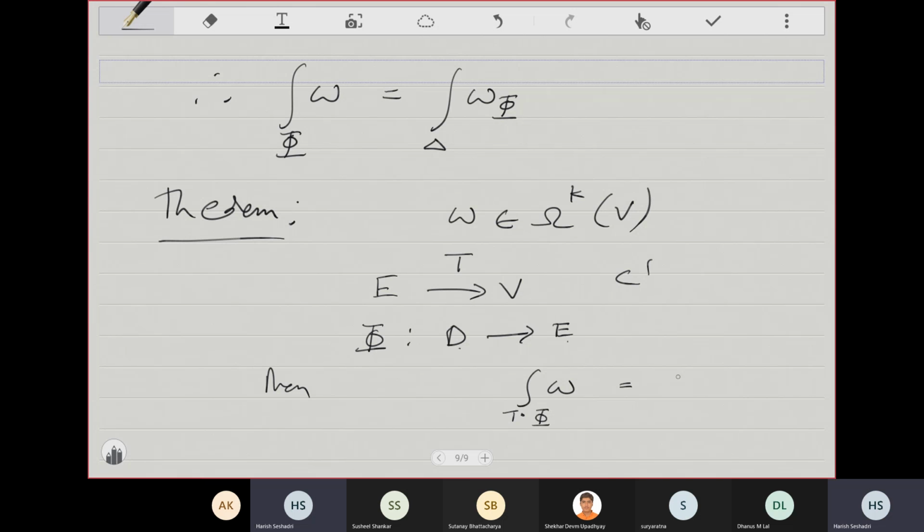This is equal to the integral of, on the other hand, I can pull back the K form on V to E. So that is omega T, and integrate it with respect to the K surface in E, which is phi.